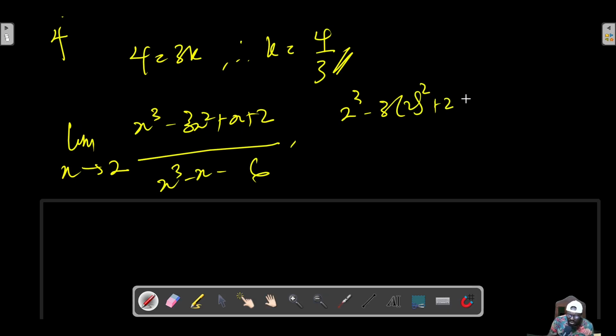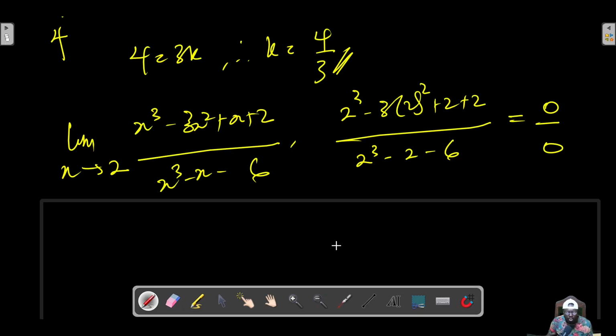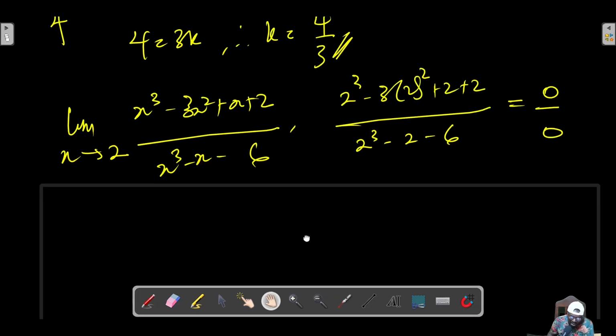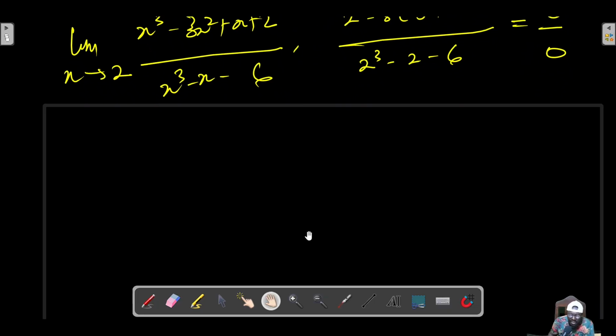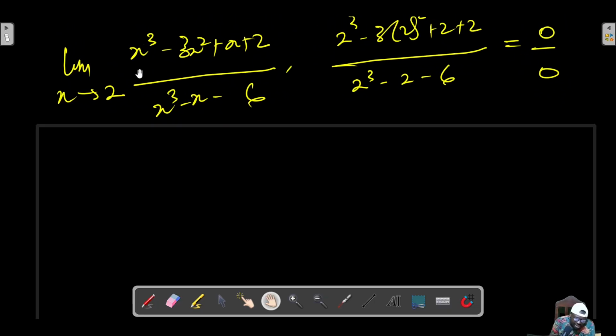So we'll do a direct substitution to check. 2 cubed minus 2 minus 6, we end up with 0 over 0. Now, if we have this form of indeterminate, what do we then do? Since our numerator and denominator both are polynomials, we factorize completely.